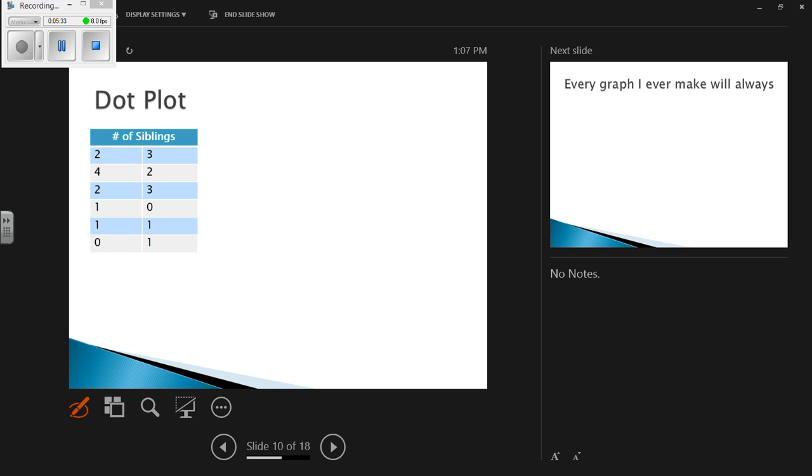Let's say that we went through the class and we got number of siblings. So we'll go ahead and create our axis here with number of siblings. There's a 0, 1, 2, 3, 4.